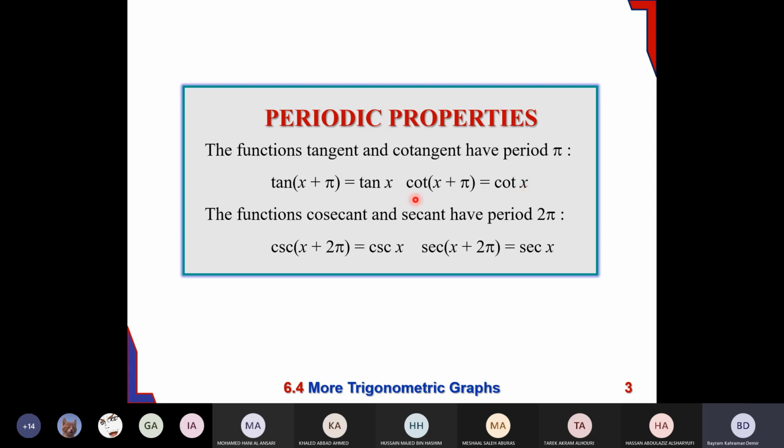And all the other functions, cosine, sine, secant, and cosecant, have period 2 pi, everybody.